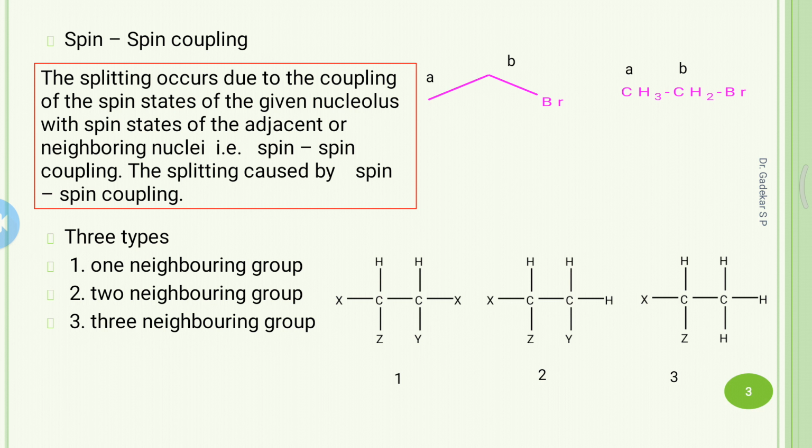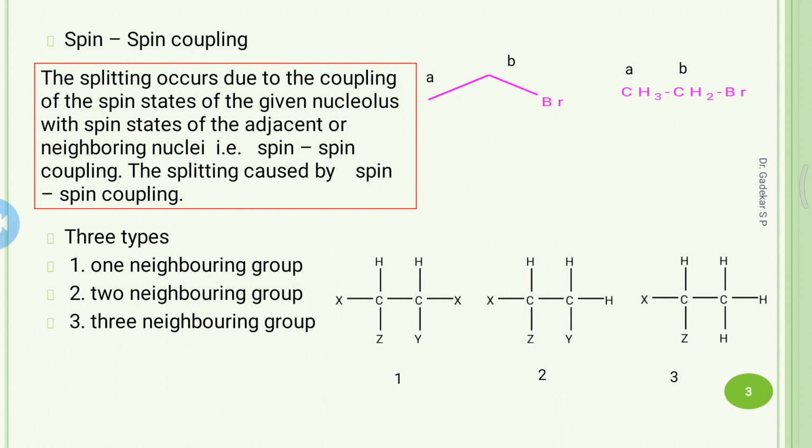Next, in the second example, hydrogen Z is attached to a carbon with only one hydrogen, but its neighbor, the Y carbon, consists of two hydrogens, so two neighboring protons. Similarly in the third, the Z carbon has a single proton, and its neighbor is CH3, with three hydrogens.